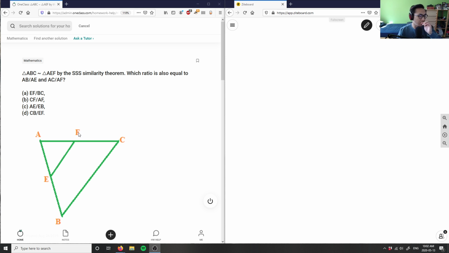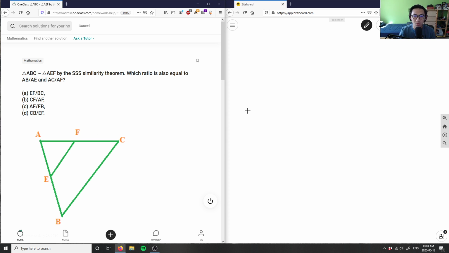Our first question of the day is a geometry question. We have a triangle ABC, and it's similar to triangle AEF by the side similarity theorem. Very typical geometry question here.